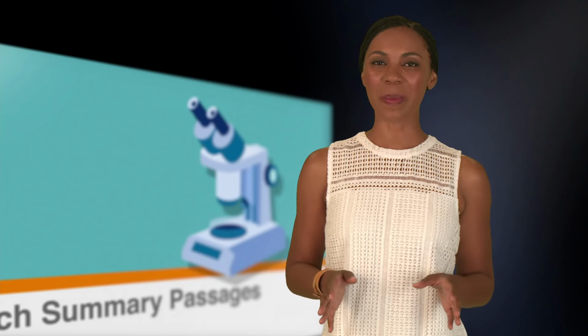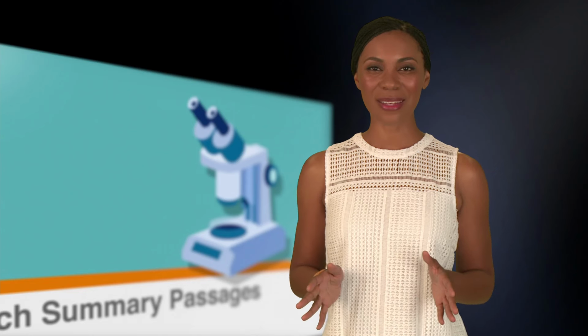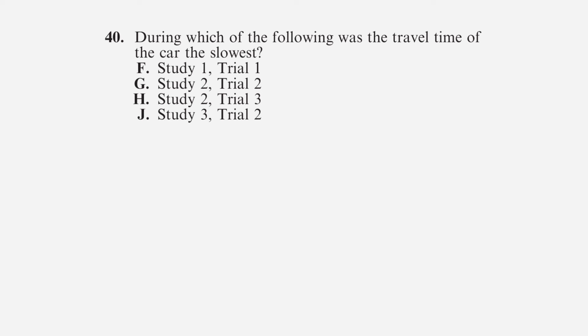Once again, we'll be comparing data across all 3 trials. During which of the following was the travel time of the car the slowest? The answer choices are F, Study 1, Trial 1, G, Study 2, Trial 2, H, Study 2, Trial 3, and J, Study 3, Trial 2.